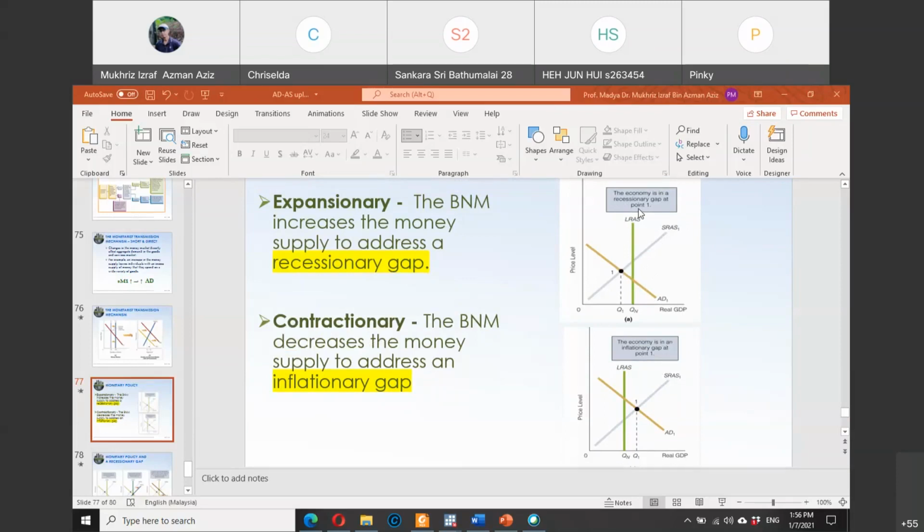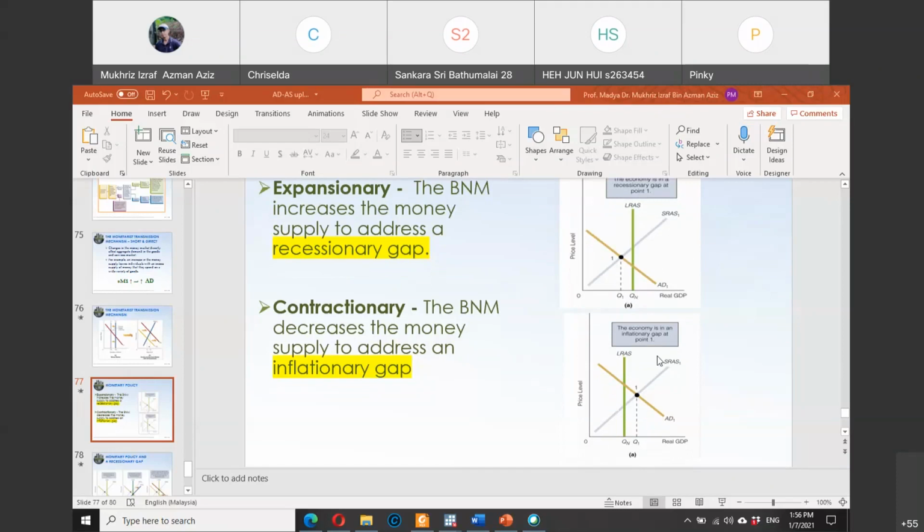Recessionary gap is when the short run output equilibrium is lower than the long run output equilibrium. Long run is shown by Qn, the natural real GDP. But inflationary gap happens when the short run output is bigger than the long run output.